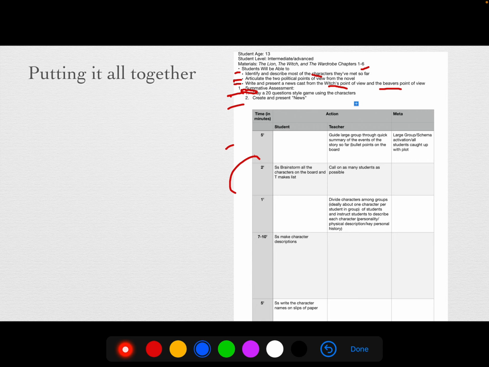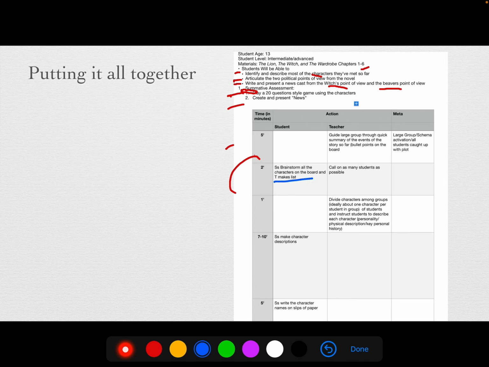This works really well if you have a class size under 30. If it's over 30, you might need to divide that over multiple classes. But I strongly recommend having some way to keep track of making sure you call on every student.